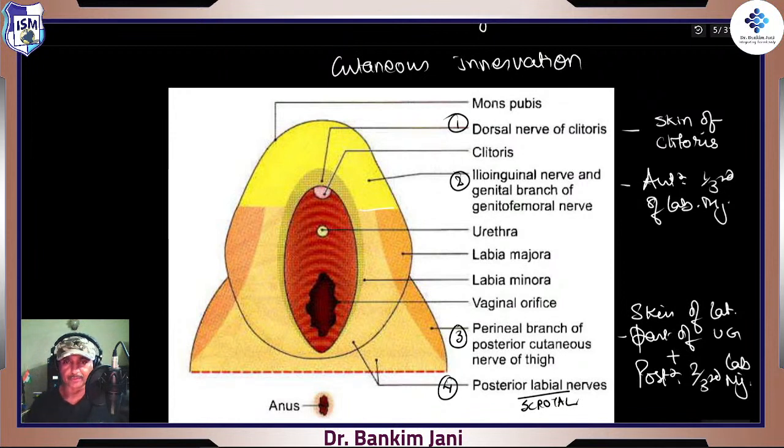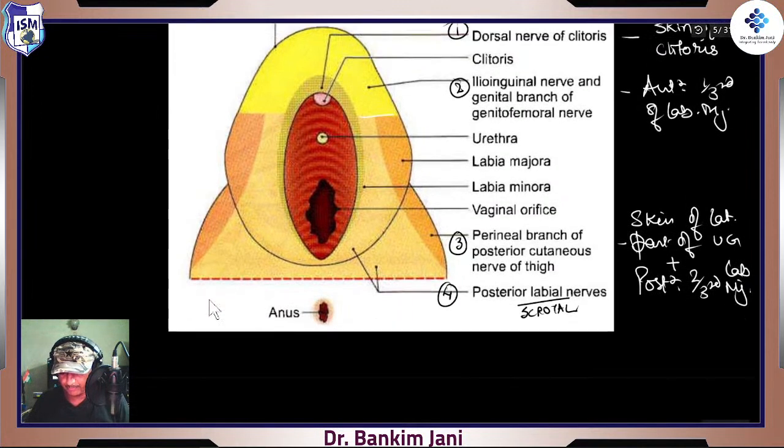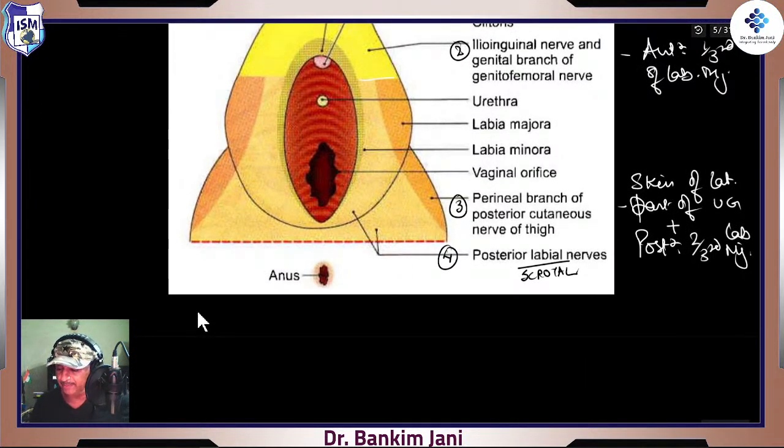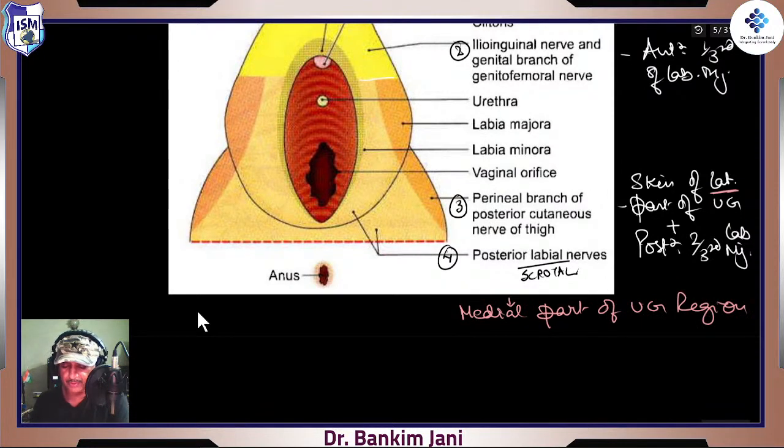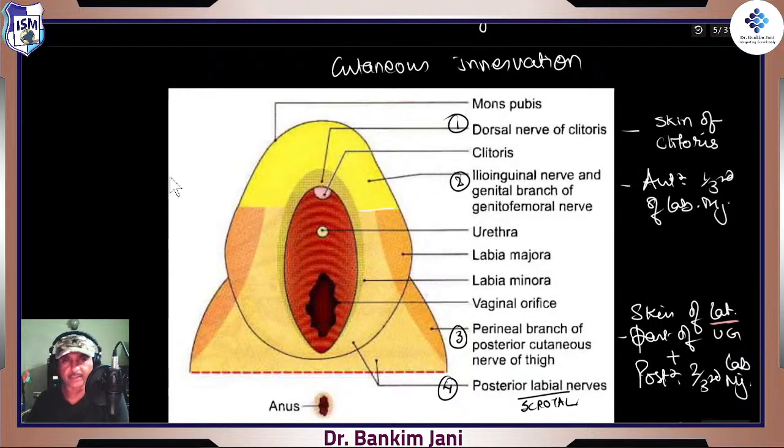So if the perineal branches were taking care of the lateral part, right, here is the lateral part, then these scrotal nerves, or the labial nerves in case of female, will be taking care of the medial part of the urogenital region. Done. Rest of the structures we already know: urethra, labia majora, minora, vaginal orifice, clitoris, right? That we have already talked about.